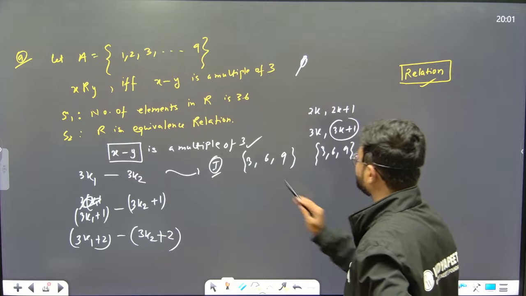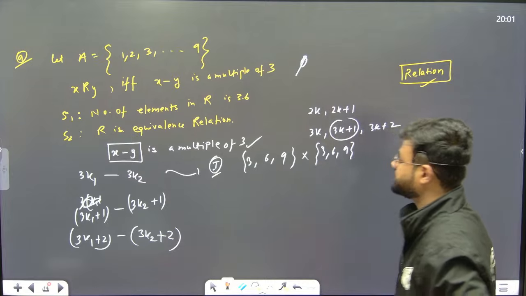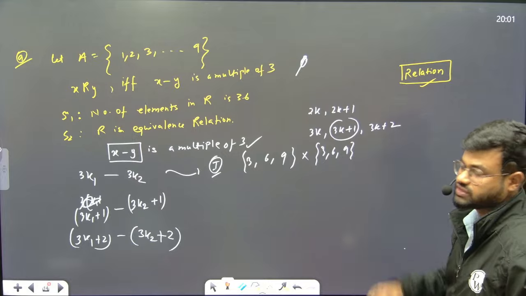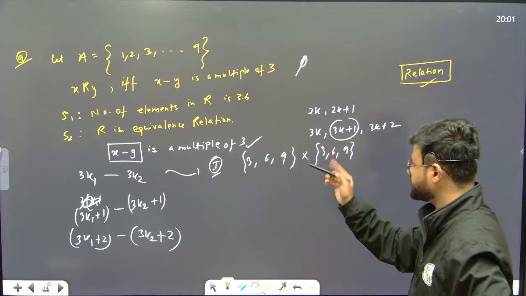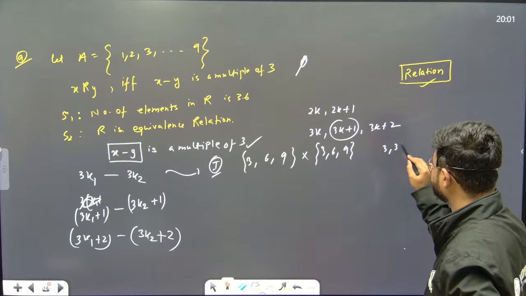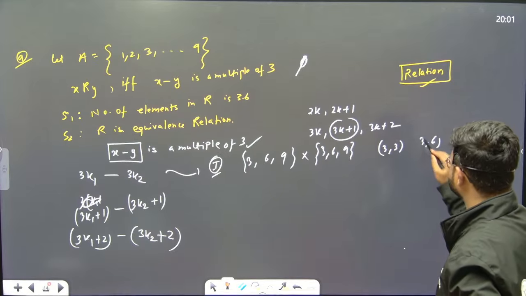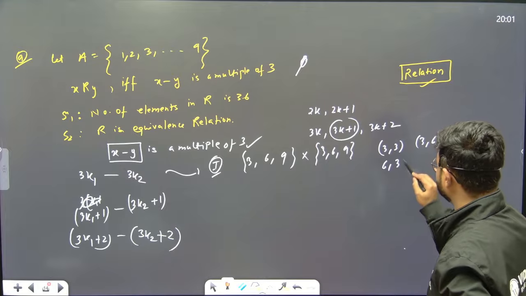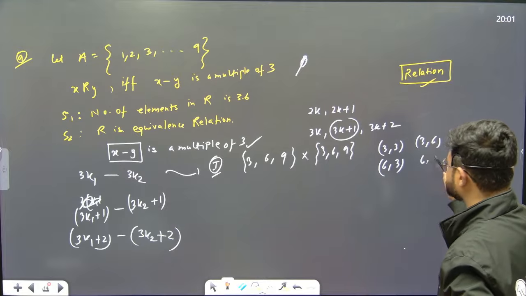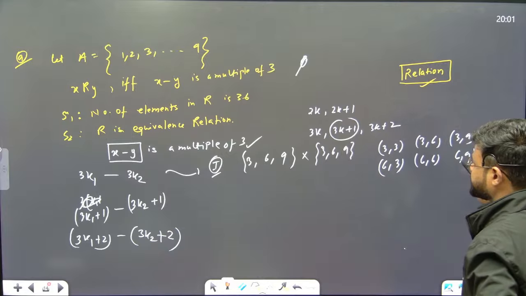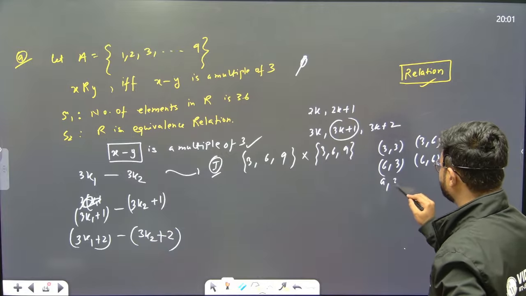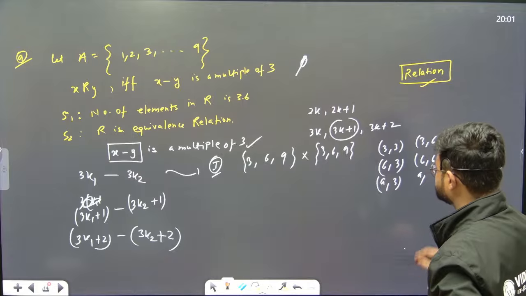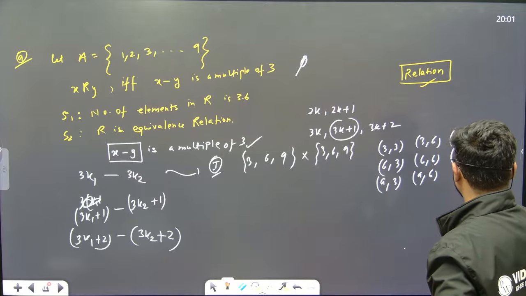And when I'm going to find a relation, all the subsets we have to consider. So, just writing one element, 3 comma 3, 3 comma 6, 3 comma 9. Next is going to be 6 comma 3, 6 comma 6, 6 comma 9. And next is 9 comma 3, 9 comma 6 and 9 comma 9.